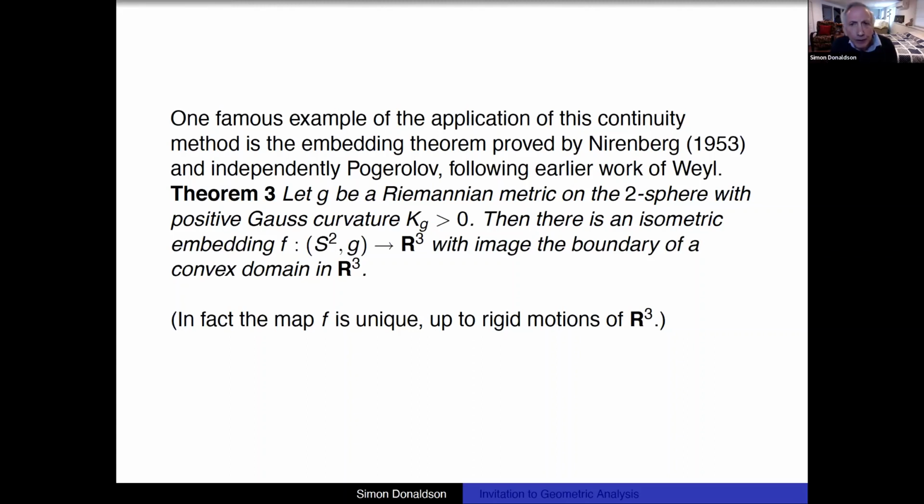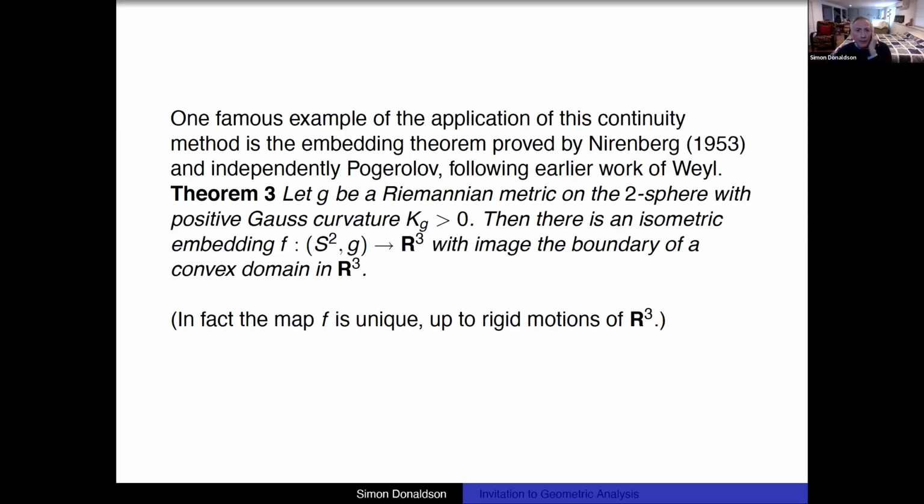A famous example of this continuity method was a result proved independently by Nirenberg and Pogorelov, answering a problem proposed by Weyl, on which Weyl had done some preliminary work. This is a very natural question about the relation, in classical differential geometry, between intrinsic and extrinsic structures.